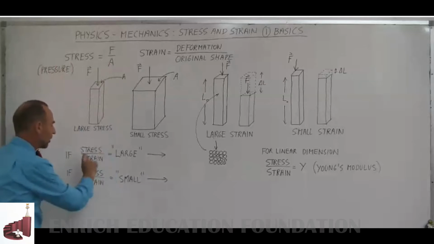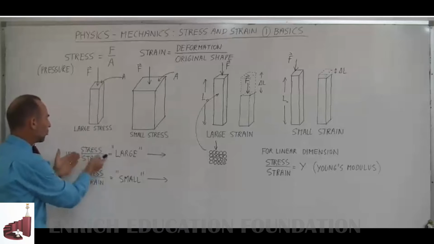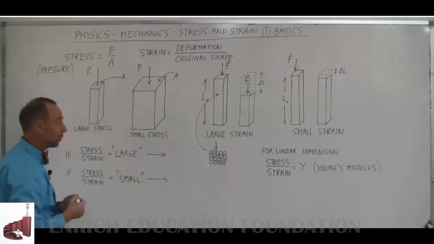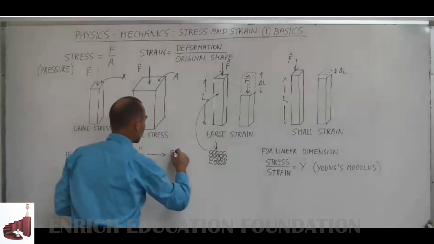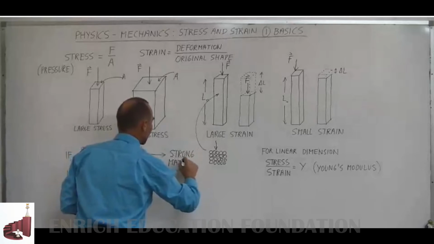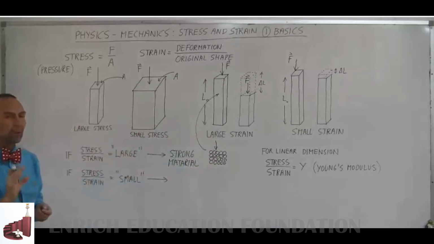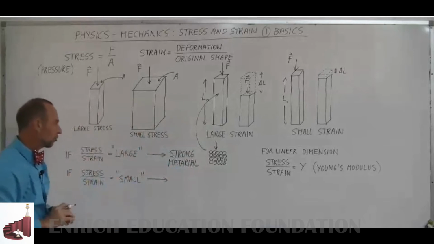In other words, just a little bit of deformation when we really push down on the material. If that ratio is large, what kind of material are we dealing with? We're dealing with a very strong material, a material that does not deform very easily. And so this would indicate a certain property of the material, and we'll talk about what that is in just a moment.